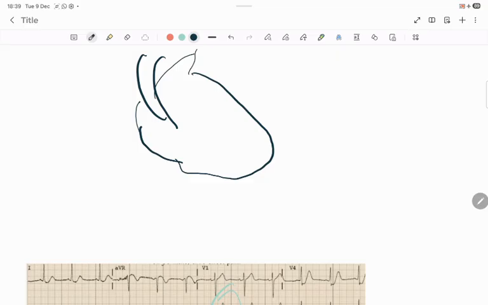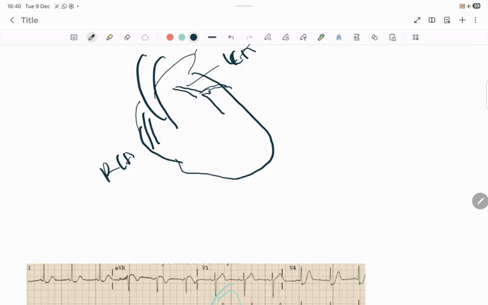From the base of the aorta comes the left coronary artery and then the right coronary artery. So let's say this is the LCA and this is the RCA. Now, the left coronary artery is where we want to pay a bit of attention. It branches off to the circumflex artery, which goes to the side of the heart. The left circumflex artery can also give rise to the left marginal artery, but that's not where we are going.